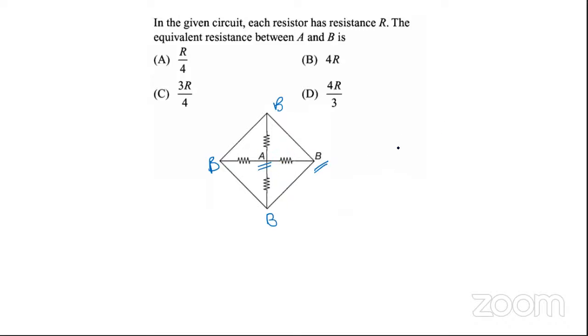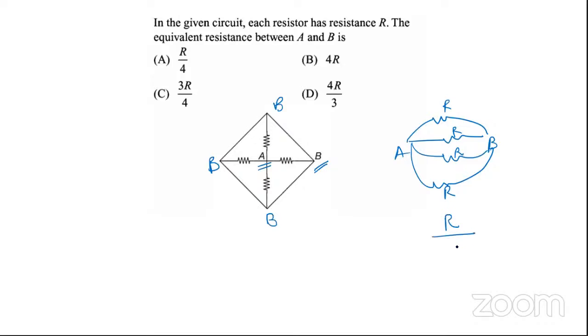So this can simply be said that four resistors are connected in parallel. Alright, all of the values of resistances are R, and these are four, so the resultant of the circuit has R by 4 resistance.